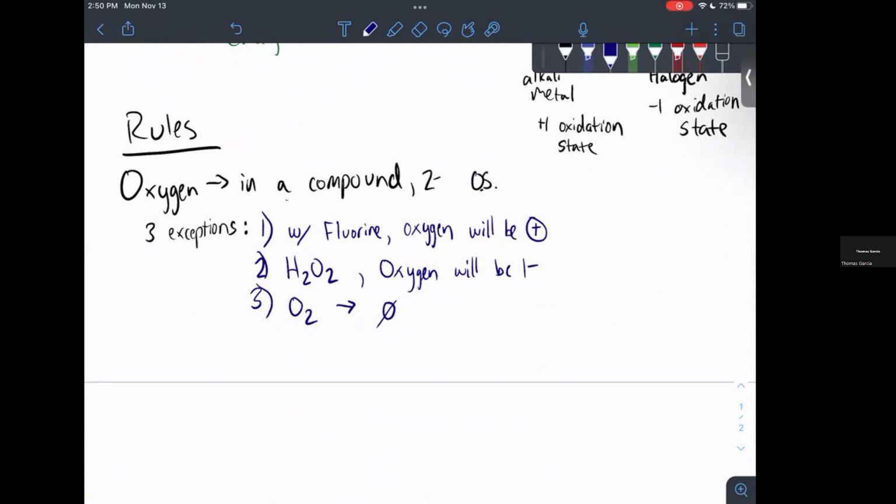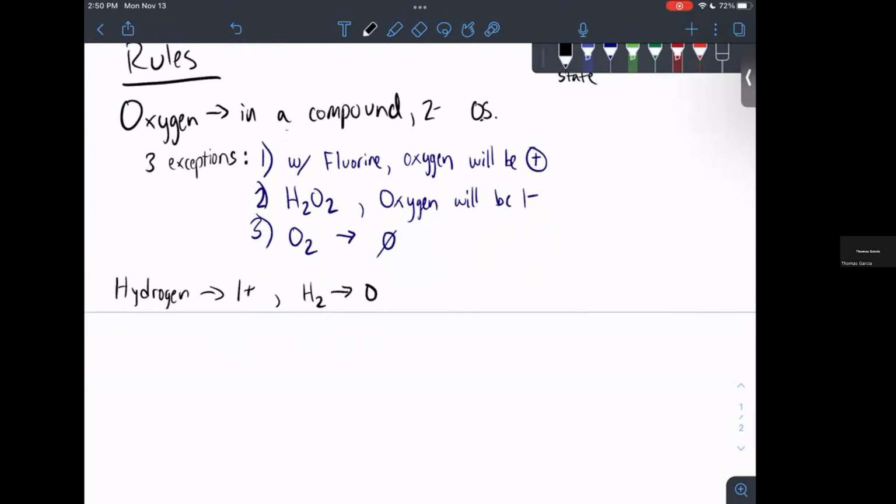The other notable thing that we want to talk about is hydrogen. It will pretty much always be a 1 plus oxidation state, with the exception of H2, where again it will be 0. So you'll notice a pattern between that and this. It is that elements alone have an oxidation state of 0.